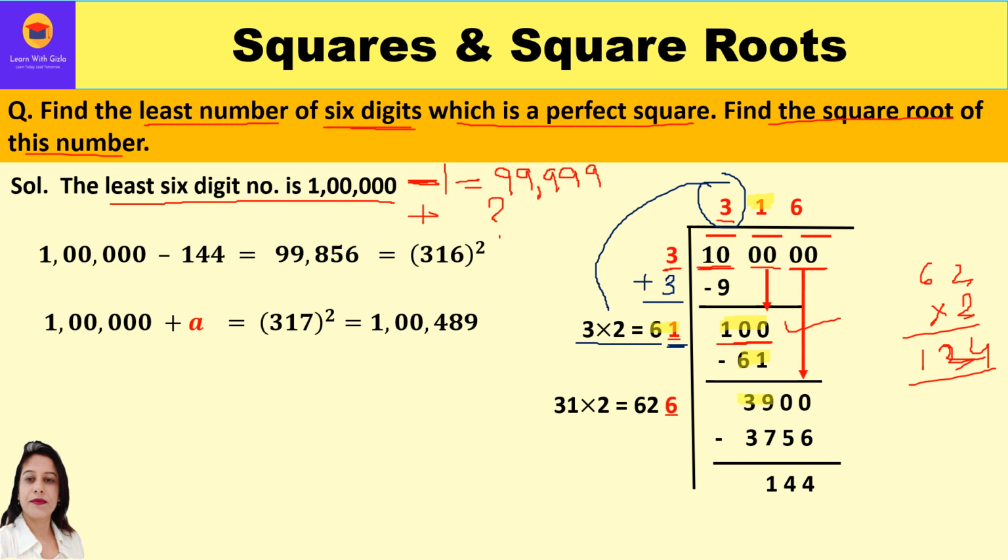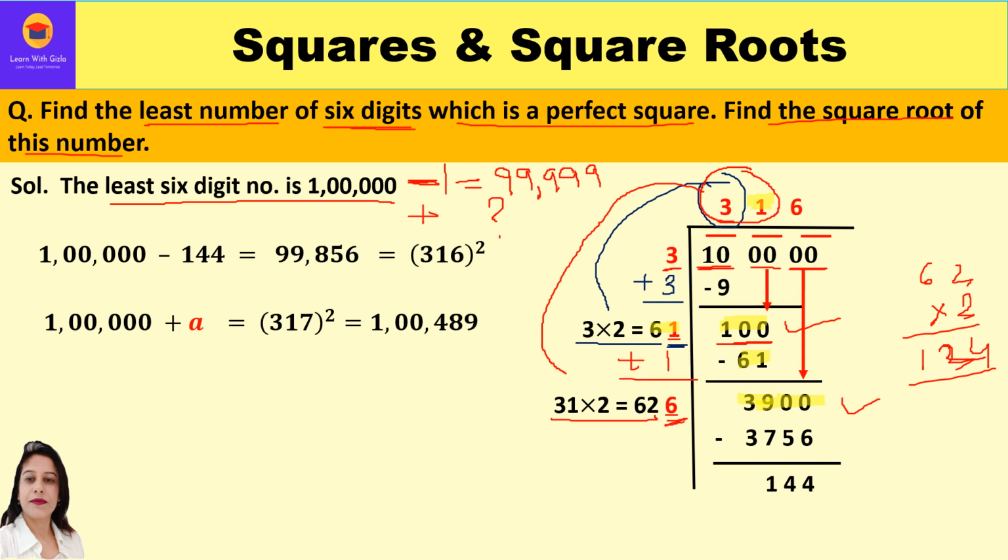Bring down the next period, that is 0, 0. Now this is my new dividend which I have to solve. Now take the new quotient, that is 31. Now double it, we will get 62, or just add 1 to it to get 62. Keep a blank over here.